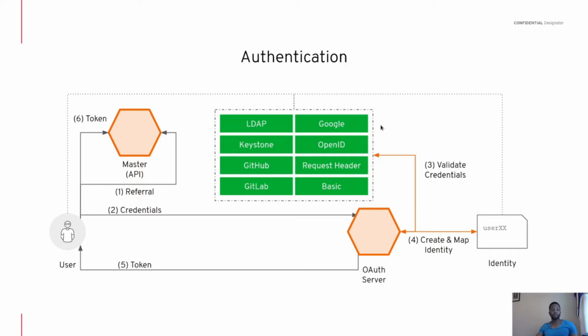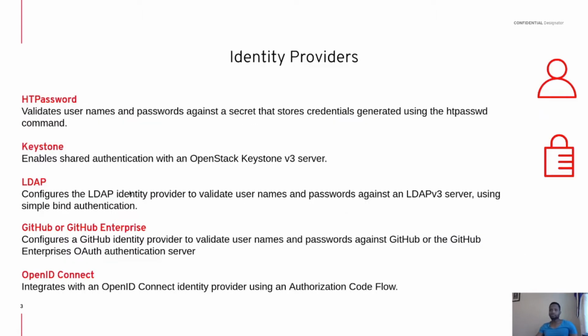In OpenShift, the OAuth server can be configured to use many identity providers. Some common ones are LDAP, GitLab, GitHub, and HTPasswd. HTPasswd, which we'll be showing you today, validates usernames and passwords against a secret that stores credentials generated using the htpasswd command.